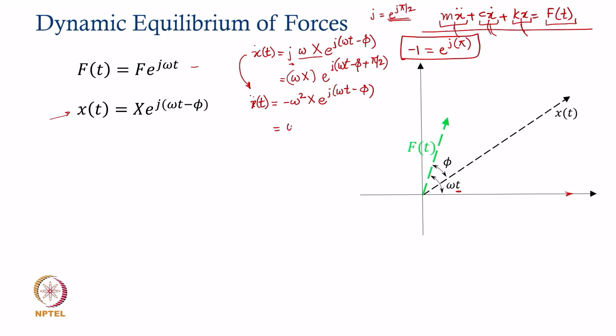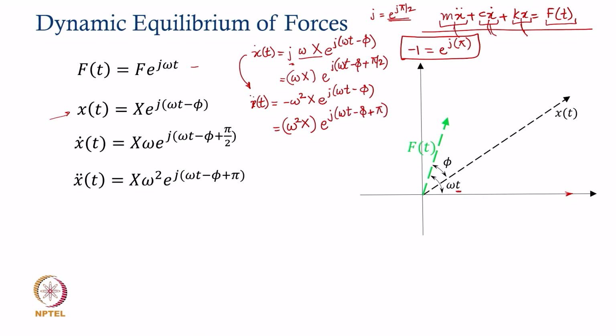That means I can take the amplitude of the acceleration to be this, with the phase omega t minus phi plus pi. So, that is what I have got here. The two derivatives x dot and x double dot have their amplitudes given by these, and their phases are these. Now, I have to show these forces Cx dot and Kx.